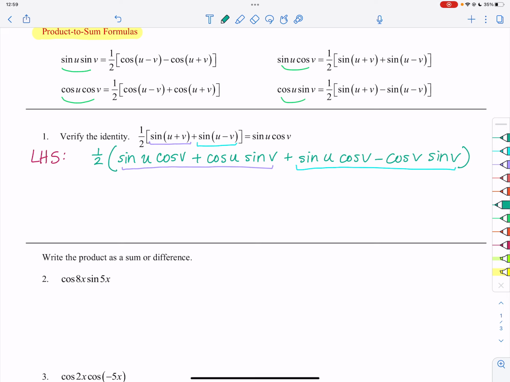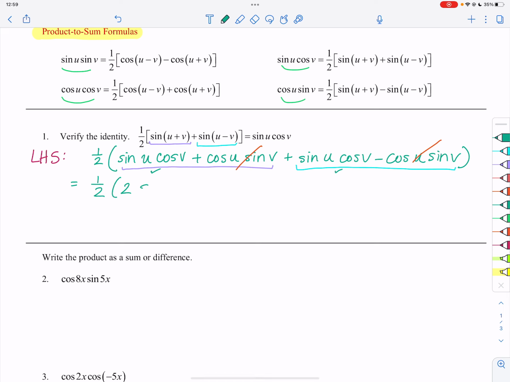Now as you can see, we have the cosine of v multiplied by the cosine of u. I think this is supposed to be a u here, even though I said it, I didn't write it. These two terms cancel, and we're left with 1/2, and now we have two of the same terms.